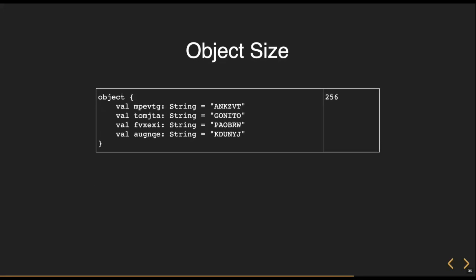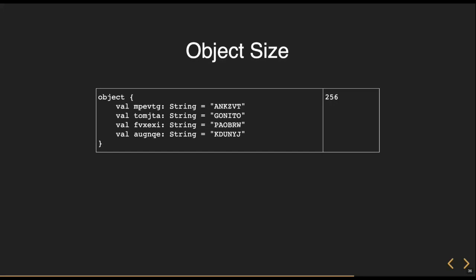Now let's look at a different structure. We have this object which has 4 fields that are all strings, and we end up with 256 bytes for the total size. So this is what I'm going to be interested in. What's the difference between using this structure to keep all these values?